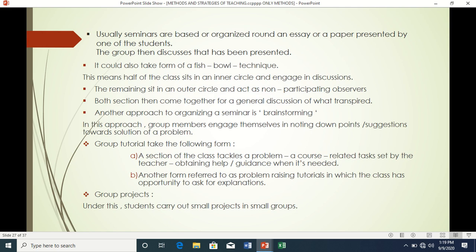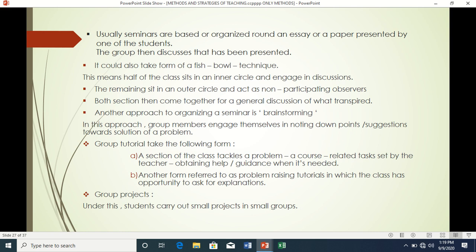As I have said already, seminars, so when we meet again, I will go through the steps of organizing a seminar.